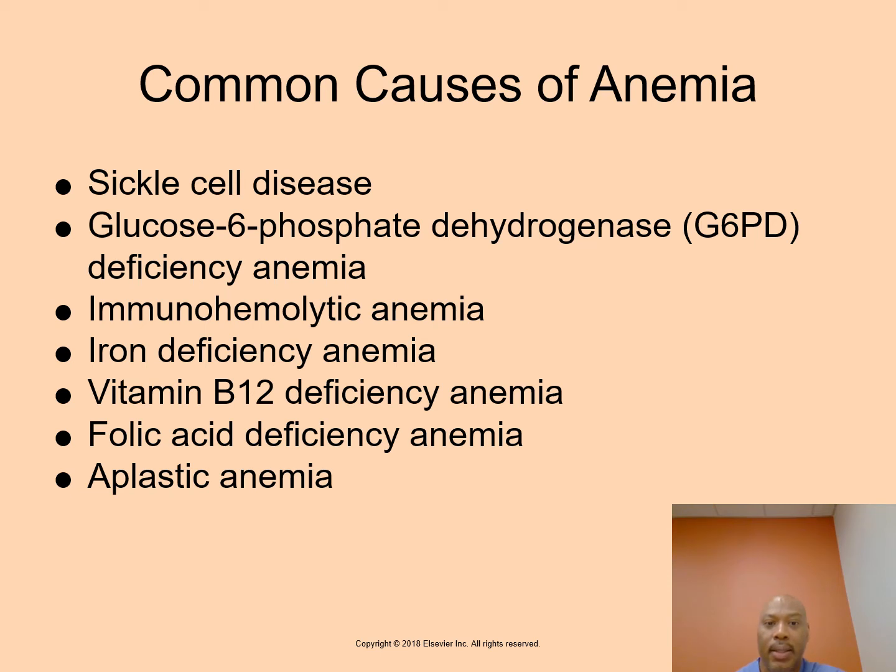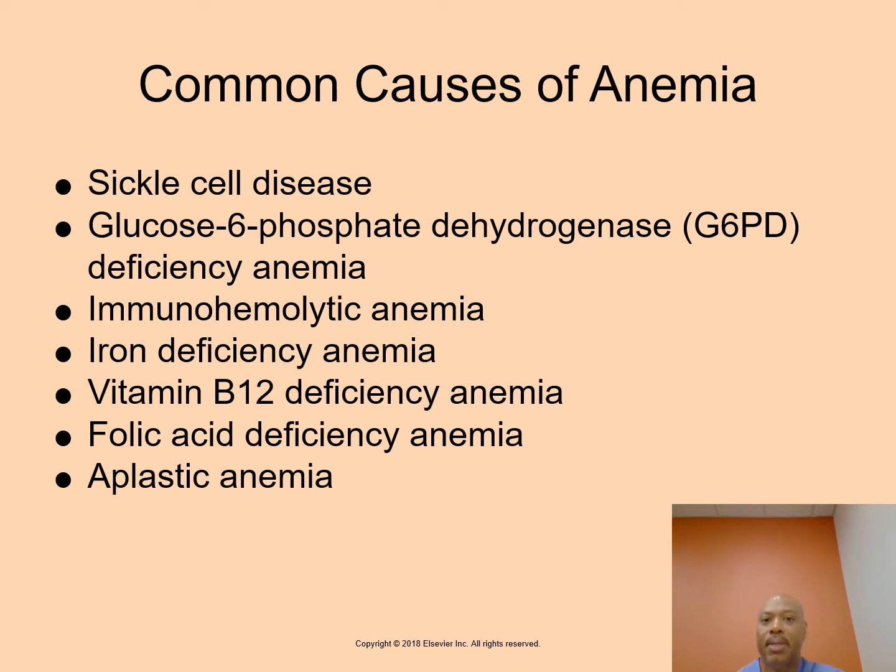Patients with chronic iron deficiency anemia have small, or microcytic, cells. You'll see this on your labs; your labs will show that they're microcytic in nature. This can lead to mild signs and symptoms of weakness and pallor.